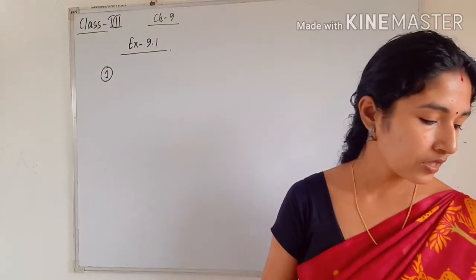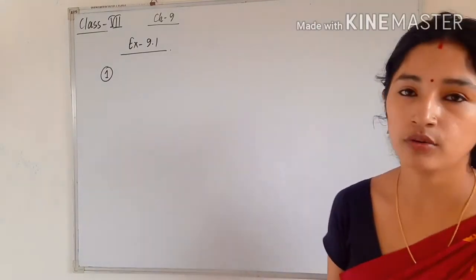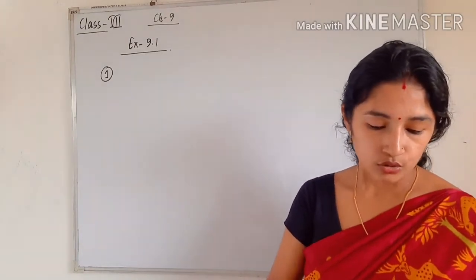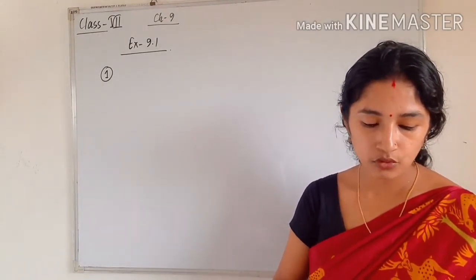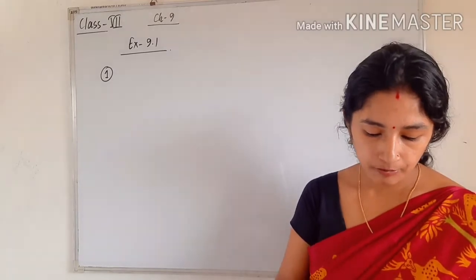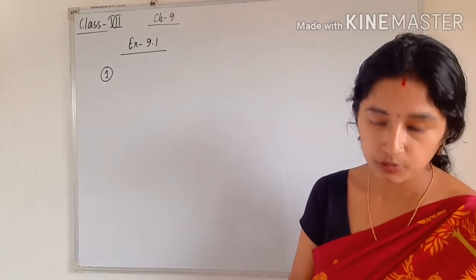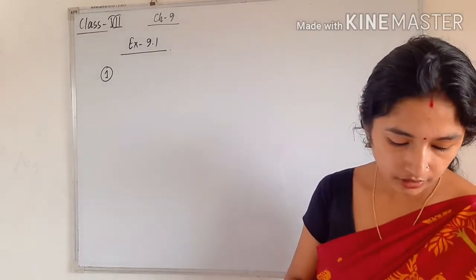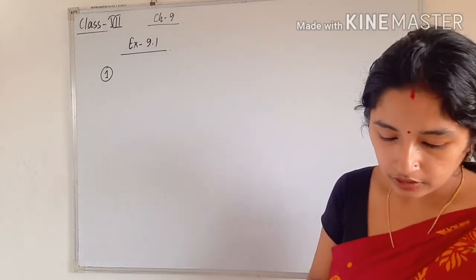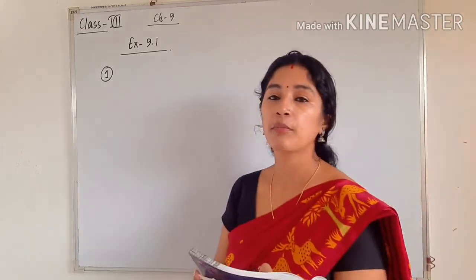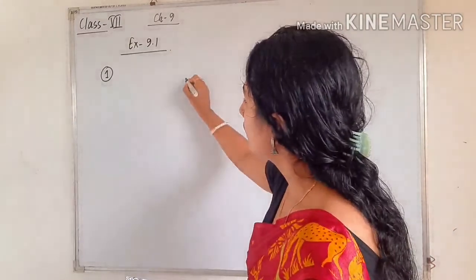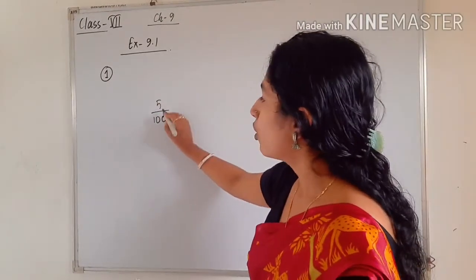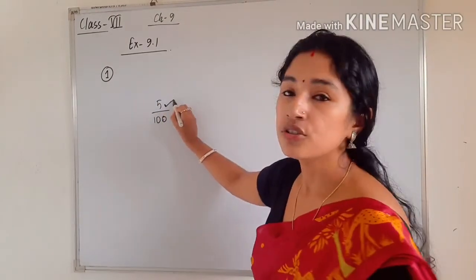So next is exercise 9.1. Here some diagrams are given in question number 1. Using these figures, we have to write the given information in terms of decimals and percentage. You can see in 1a, the second figure, the fraction is written as 5 by 100. That means out of 100 small squares, only 5 are shaded.